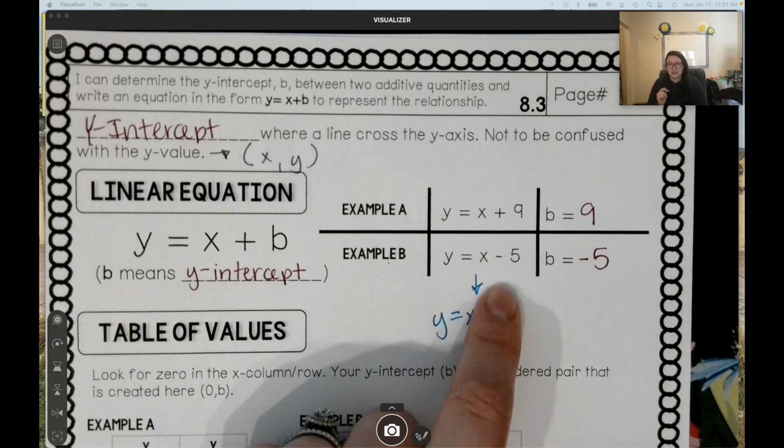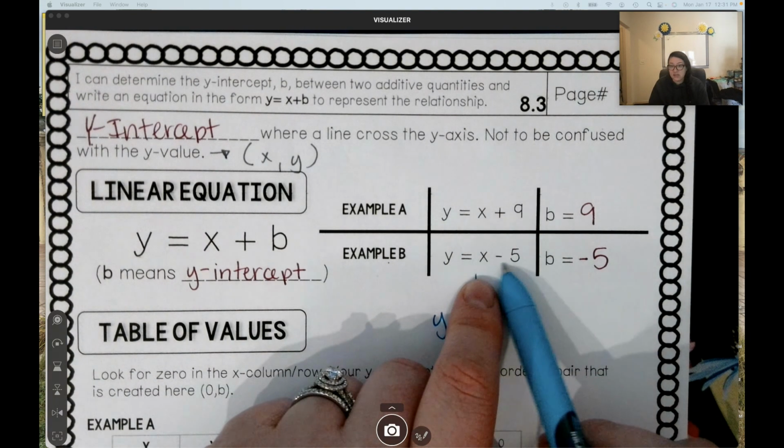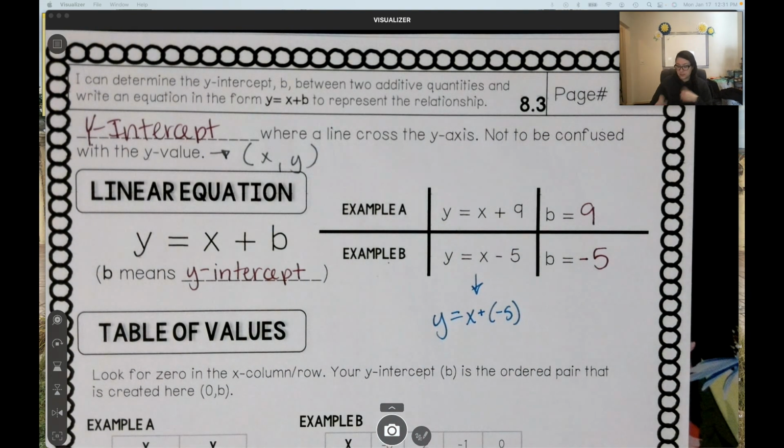So it's the same thing. Here this was a positive 9. Down here this is a negative 5 for our b. A negative means that it's below the x-axis. A positive means it's above the x-axis. Positives and negatives just help us see where on the line things are.